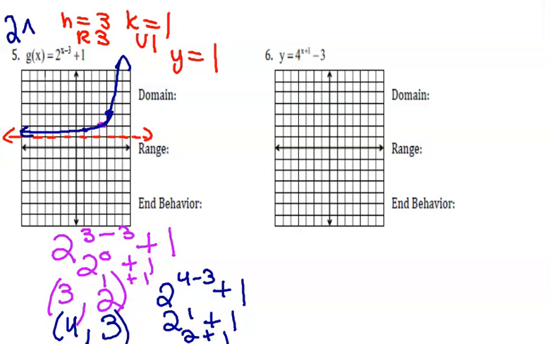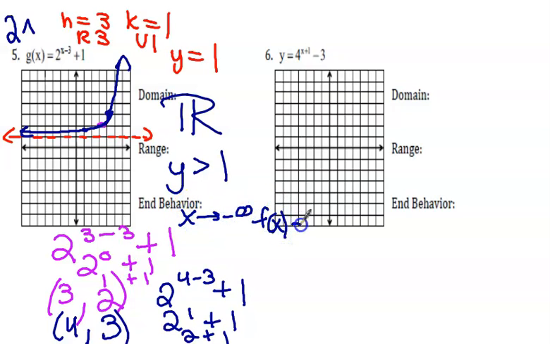All right, so the domain is, again, all real numbers. Your range is your horizontal asymptote. So y is greater than 1. Sorry, y is greater than 1. I said it but didn't write it. Oh, my goodness. All right, and behavior. As x is approaching -infinity, f of x is approaching what? Well, it's approaching 1.